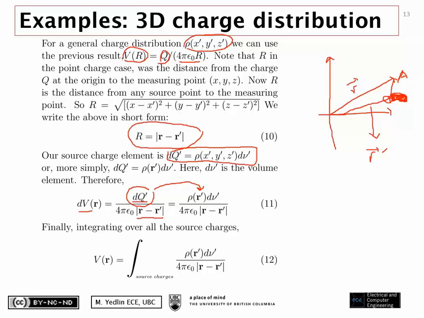Otherwise we get confused. We have to denote the source position somehow, and it's usually done using these little primes. How do we get the total potential? Well, we integrate all the little dV blobs. We integrate the effects over all sources, and we get V. So this is quite amazing. We now can compute the potential due to a continuous charge distribution in 3 dimensions.